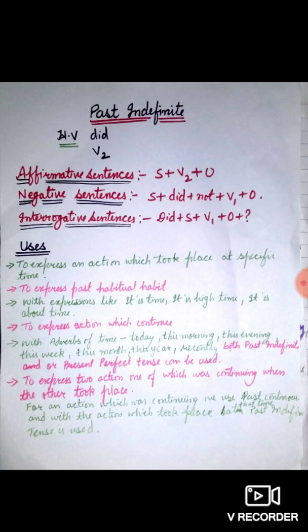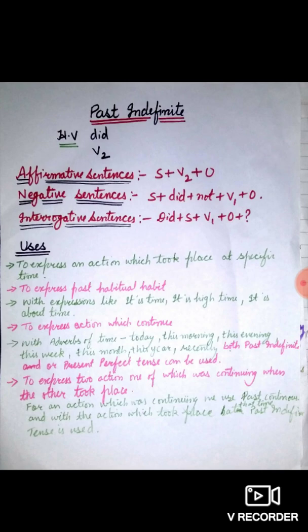For an action which was continuing, we use past continuous, and with the action which took place, the next use is to express two actions. Before this I stated that to express two actions which took place at the same time in past, we make use of "while," and in both the actions we make use of past indefinite.